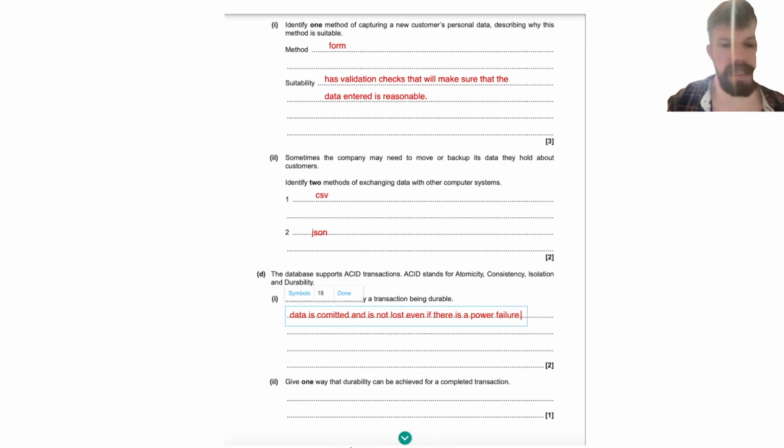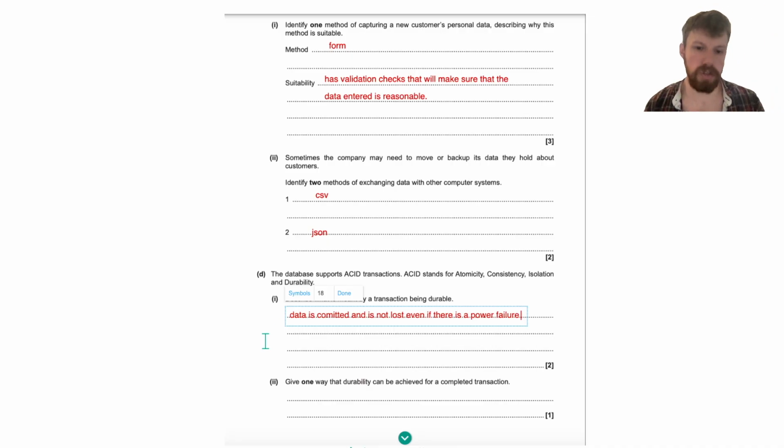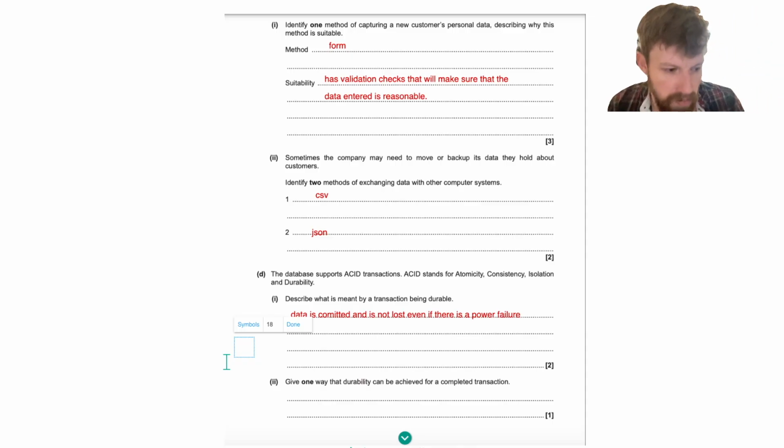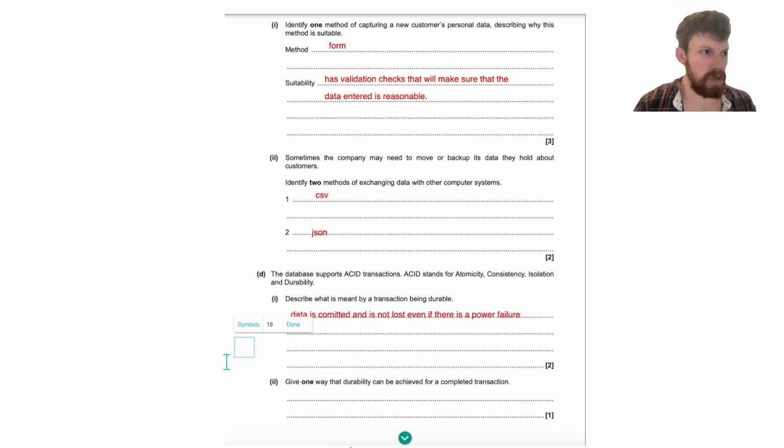Essentially, if something's durable, it means it's not affected even if the worst case scenario happens, that potentially the power could go out and we lose all of the data. This is to do with, if you're booking something online, like holiday tickets to a show, you just don't want to lose it because you click off it. It's going to reserve it for a bit of time, okay?